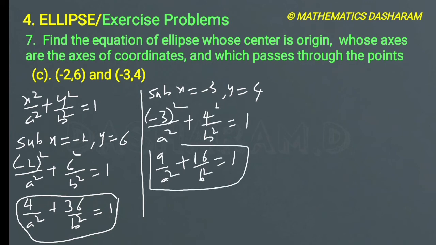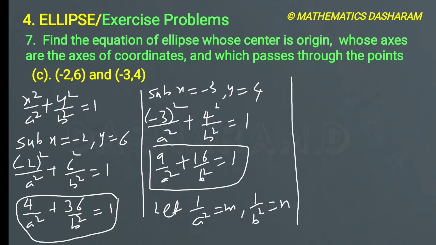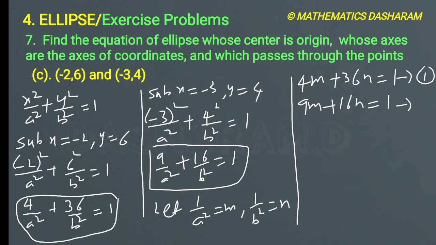In these two equations, let's select the 1 by a square equals to m, 1 by b square equals to n. So then the first equation will become 4m plus 36n equals to 1, equation 1. Then the second equation will become 9m plus 16n equals to 1, equation 2.